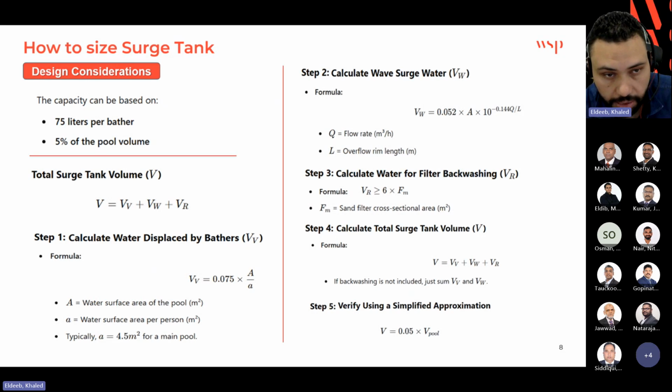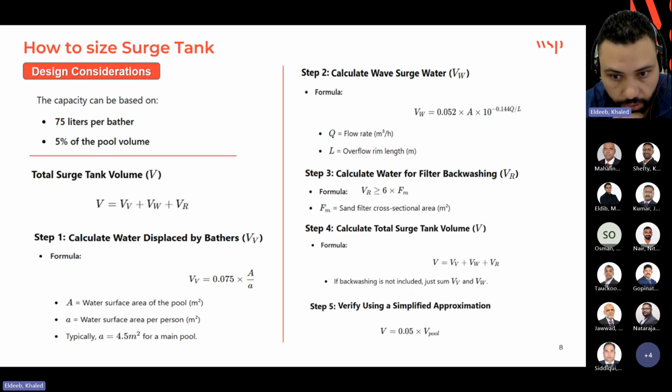You can estimate the size of this tank based on your requirements. Like what I just said, if we need to consider the backwash volume, you will add this to the volume of the tank. If you don't consider it, it will be a smaller tank, and you can manage it with the available space based on your project requirement.